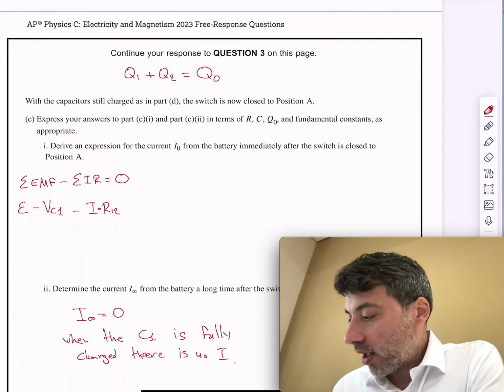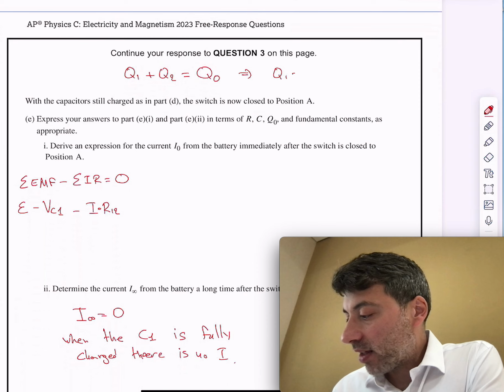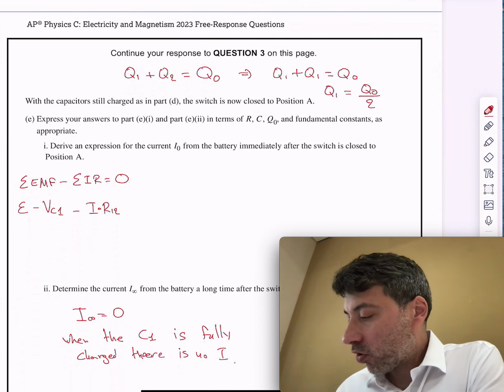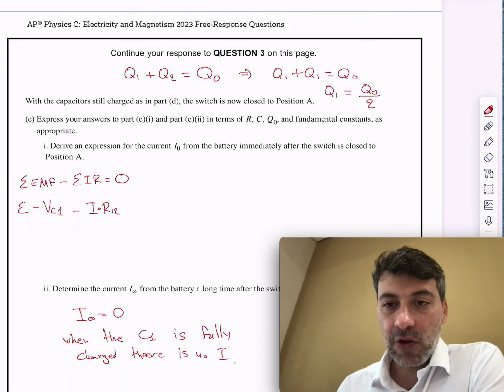So the Q1 and the Q2 are equal. This means that the Q1 is equal to Q0 over 2. And we're going to use this in order to find what is the voltage of the capacitor.